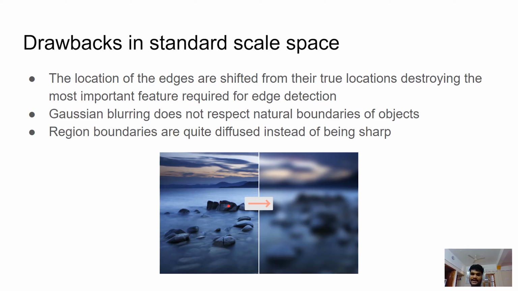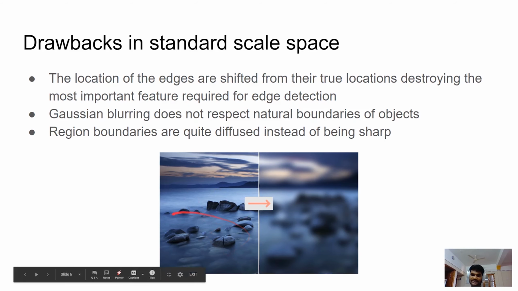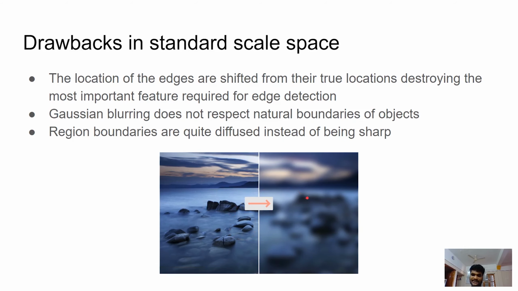Now, when we apply Gaussian blurring to an image, we lose the edge information. We completely lose the edge information, and the actual locations of the edges are also shifted. This edge region is shifted among all these regions, and we don't want that to happen.